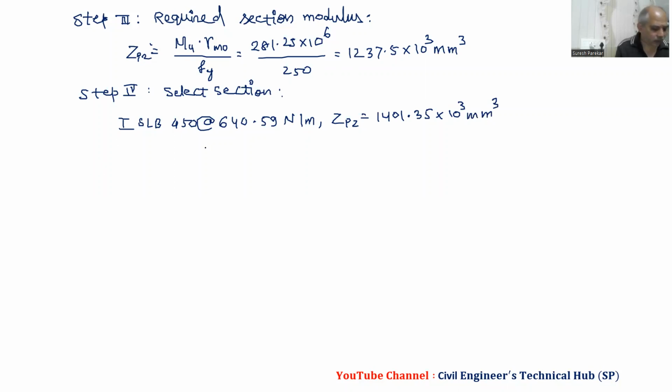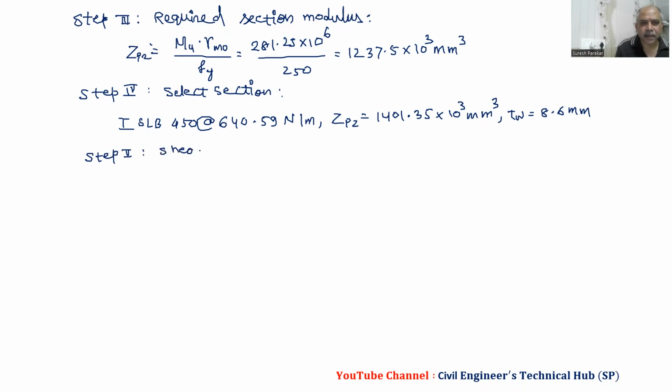Now the value of tw required for shear capacity is 8.6 millimeters. Now I am not going to do the classification of section.